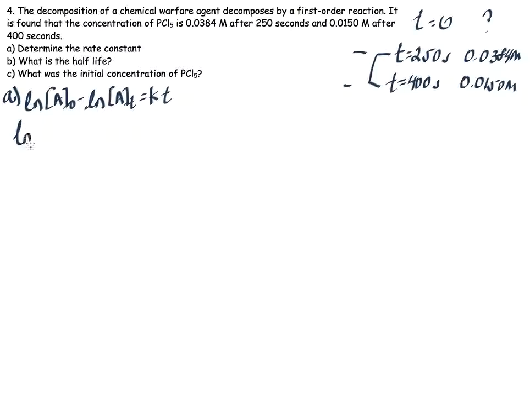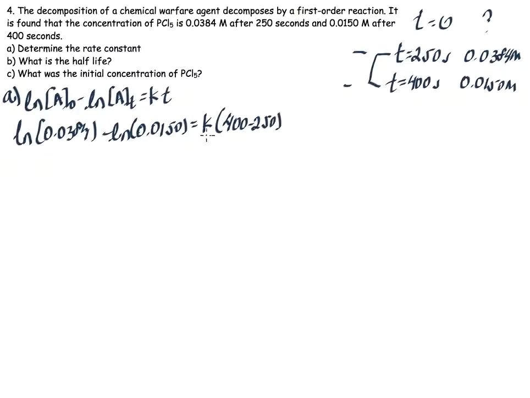So the natural log of initial concentration minus the natural log of the final concentration is equal to K times time, and the time here is 400 minus 250, or if you want to do that in your head or on a calculator, that's fine.